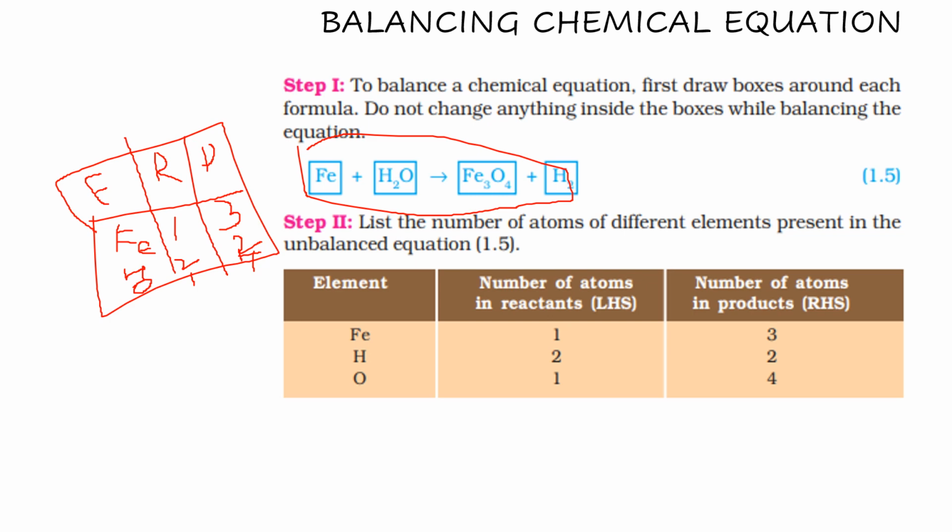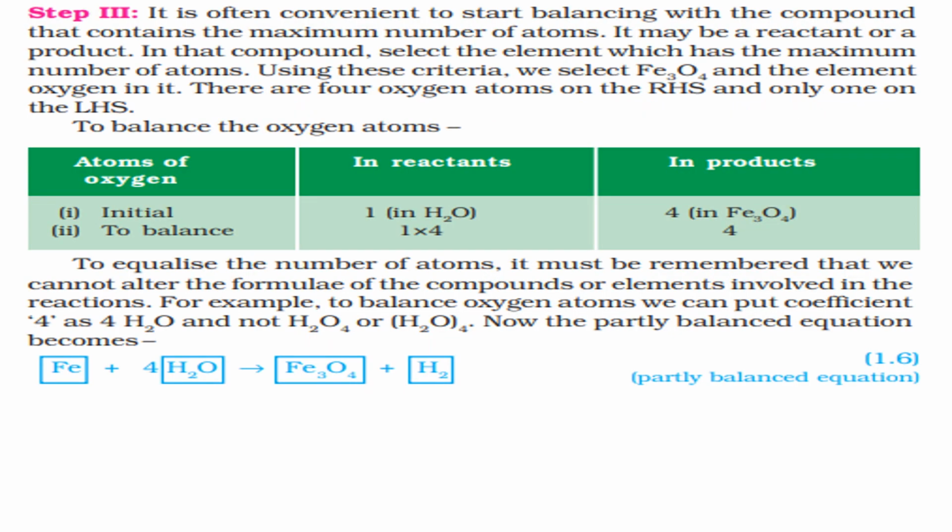So we move on to our third step, that is starting with our balancing. First we start to balance oxygen. So to balance we multiply by 4 on the reactant side, as we had 4 oxygen on the product side. So we add a 4 in front of water, that is H2O, to balance oxygen.